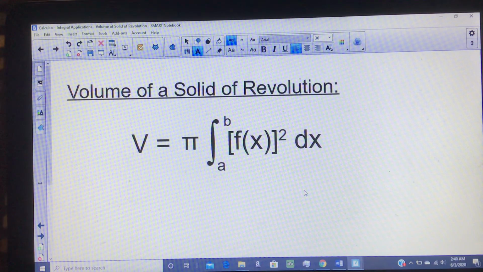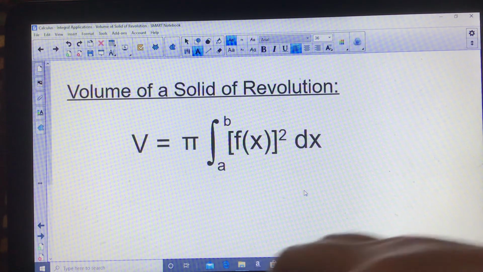So from here, it's just a matter of showing how to use this formula. The formulas can sometimes be tricky to do by hand, but once again, since it's an integral application, you can just throw the setup into the calculator. So the big thing is going to be setting this up, all right?